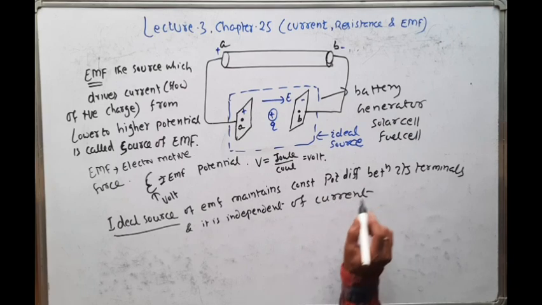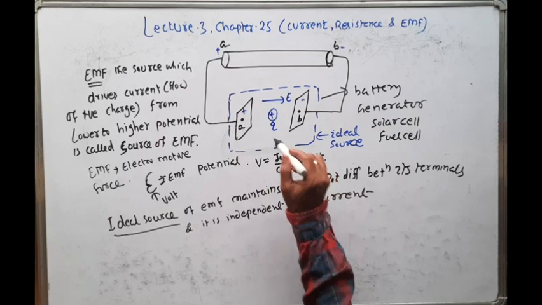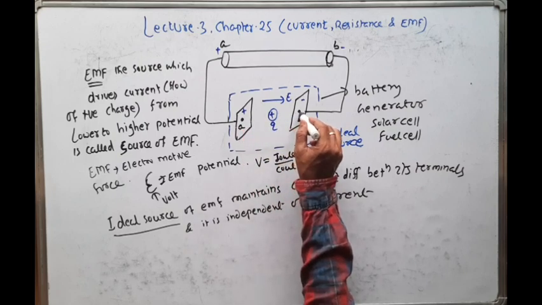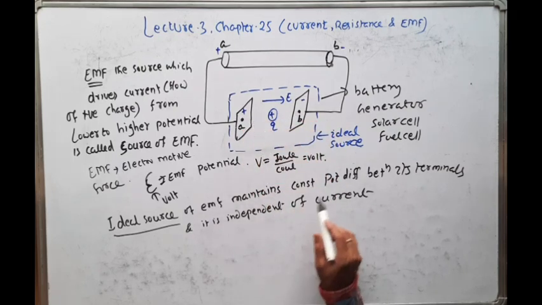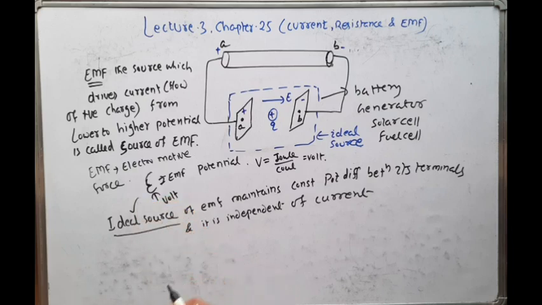Whatever may be the current, even if the current magnitude changes, the potential difference across these two terminals always remains the same. This is only possible for an ideal source.